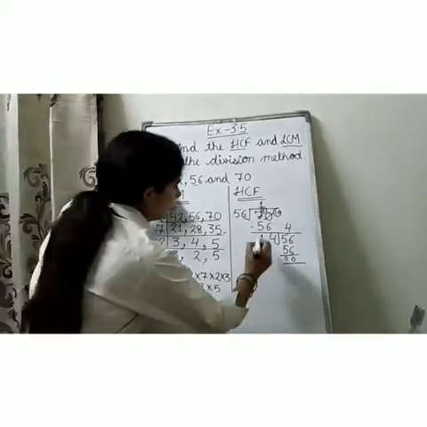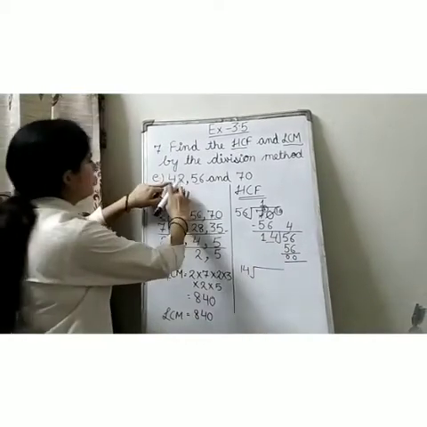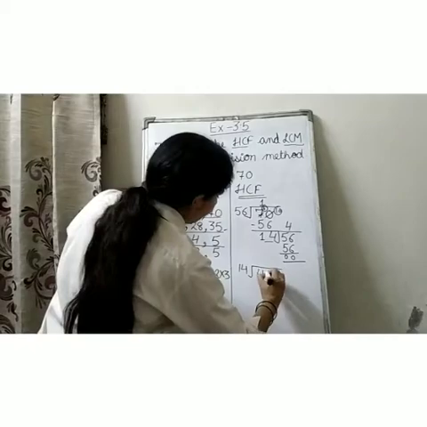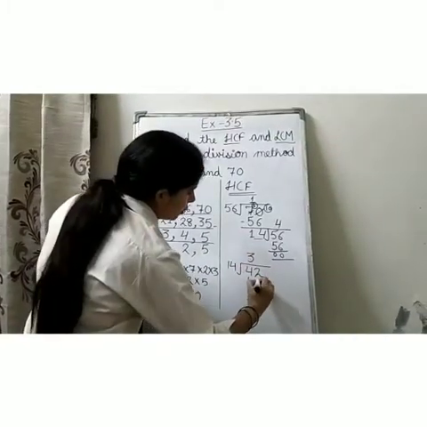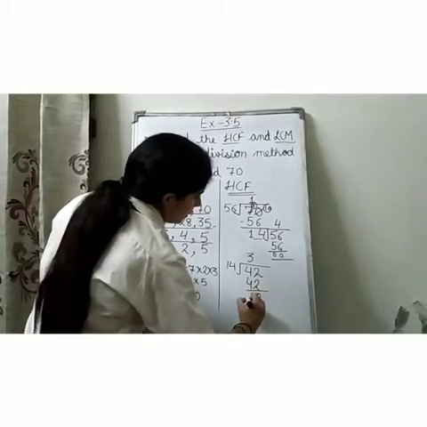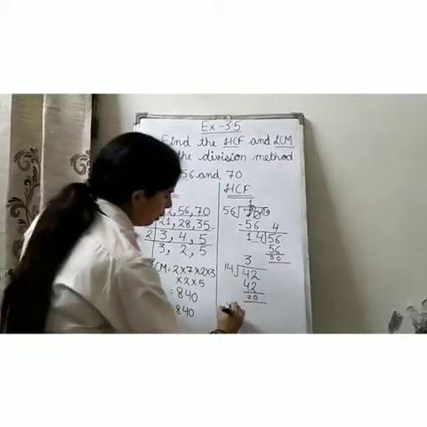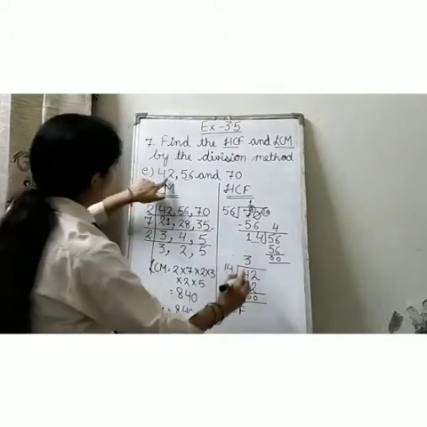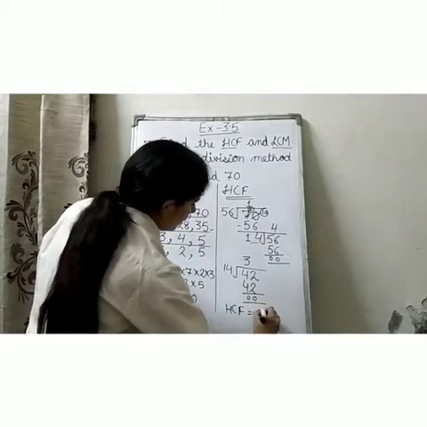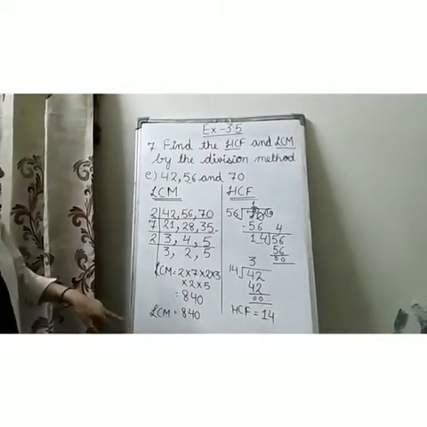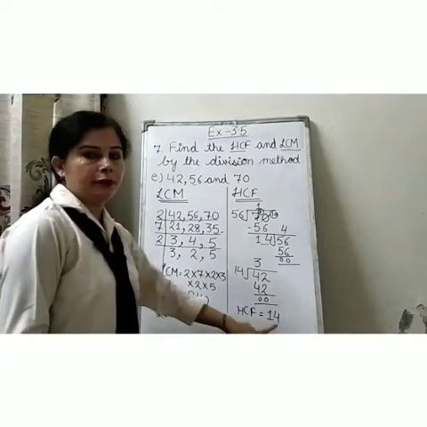So the next step, take this HCF as divisor and write this number as a dividend. 14 3s are 42. Now you can say 14 is the HCF of 42, 56 and 70. So here we get the LCM as 840 and HCF 14.